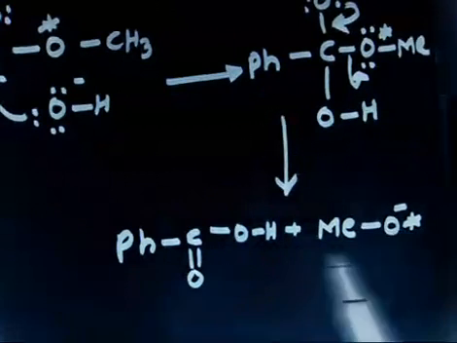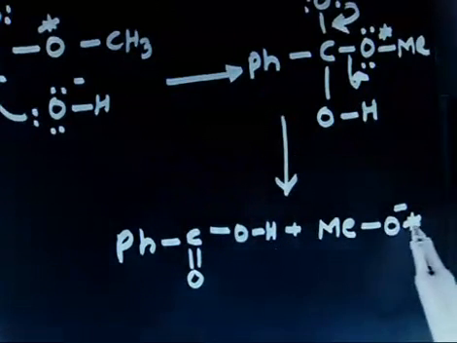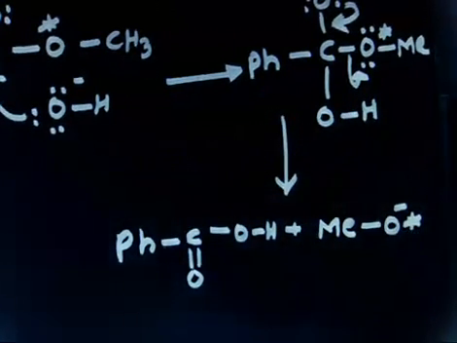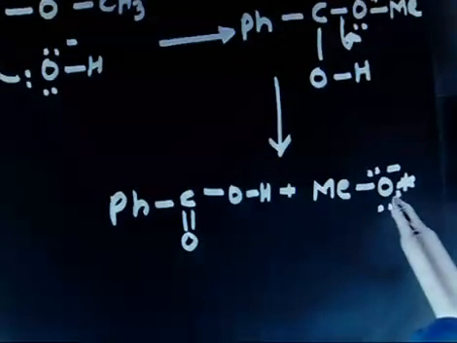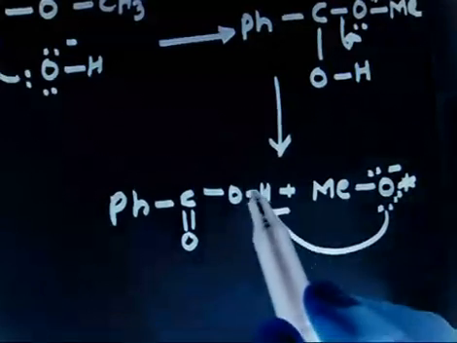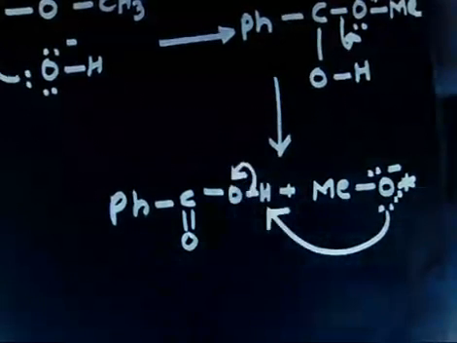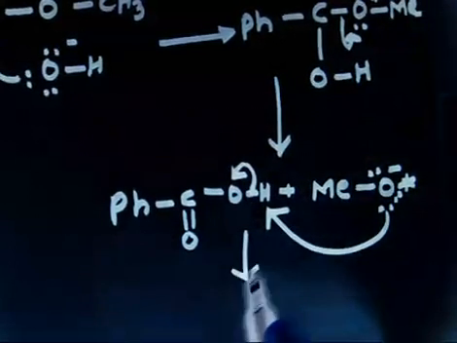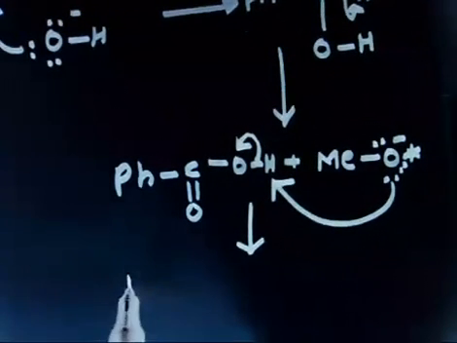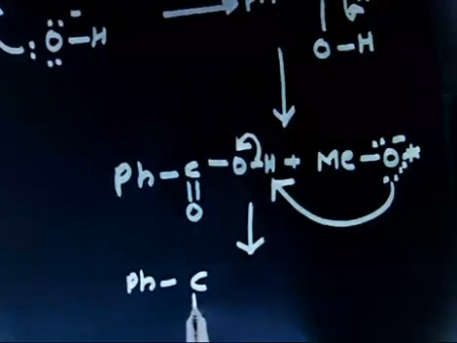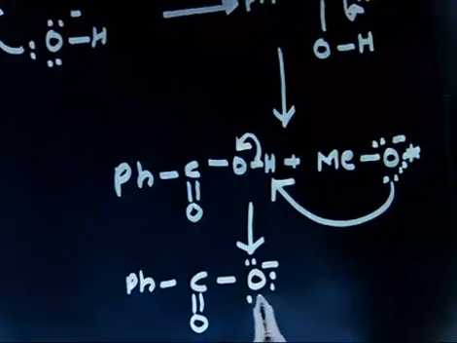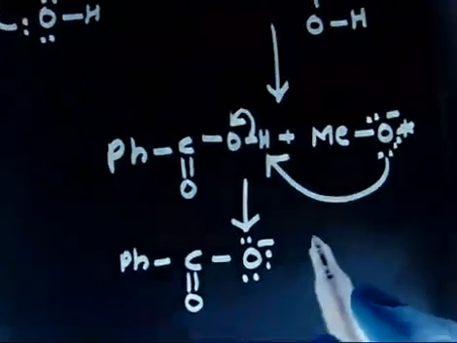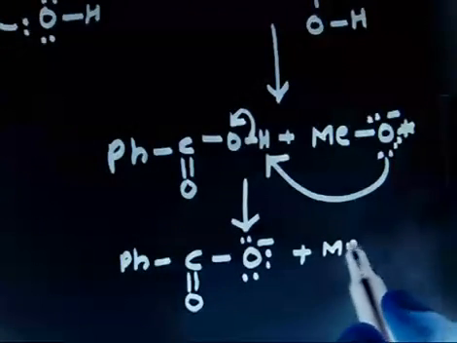Now this minus can take H plus from here, so it will form MeOH. Are you getting? So this minus can take H plus from here, and this can go here, so you will get a carboxylic acid salt. So you follow these steps, so you will have Ph C double bond O minus, that is a salt of carboxylic acid, and this side you will have MeOH.